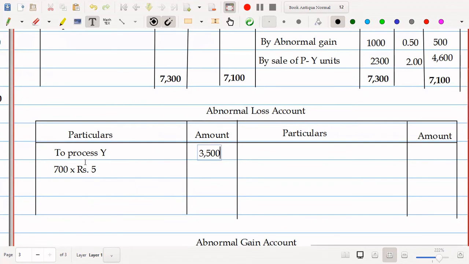Now, it was an unexpected loss. If it were good units, it would have been sold at rupees 5, but we have to recover it by selling it as scrap. It is already a waste.